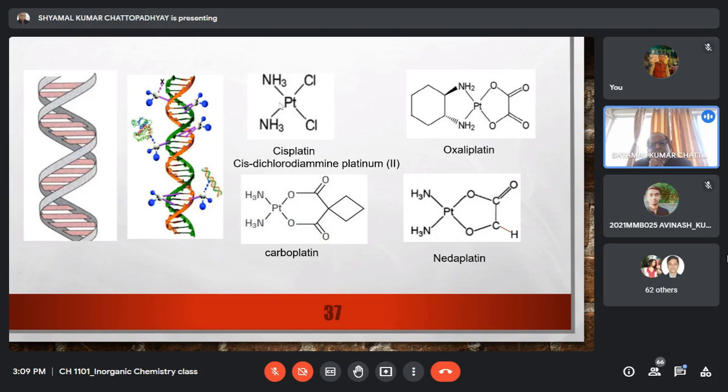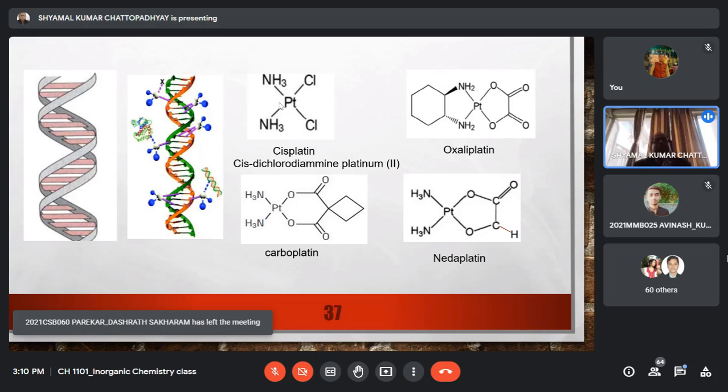After applying the electric field overnight, he found that the cells were dead. He found that there was a filamentous growth of the cells. That means the cells were elongated, become filamented, fibrous, and the cells were dead. No more cells were alive.